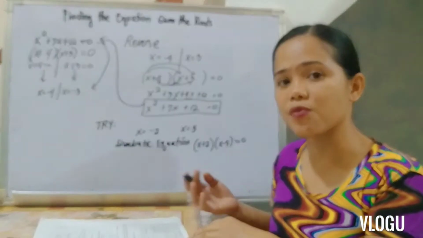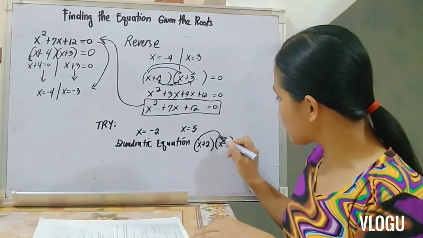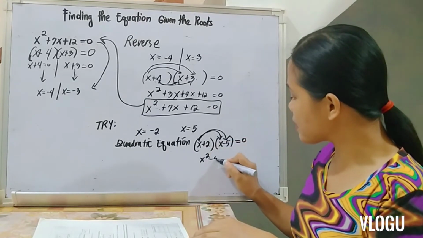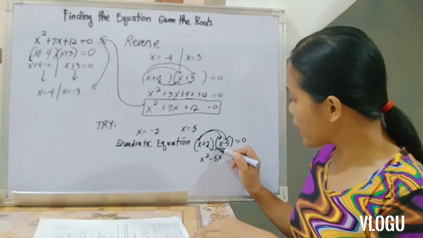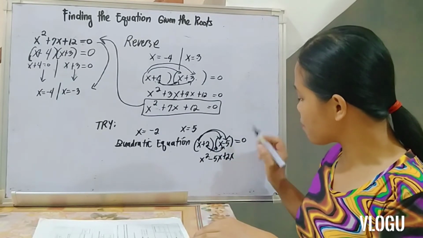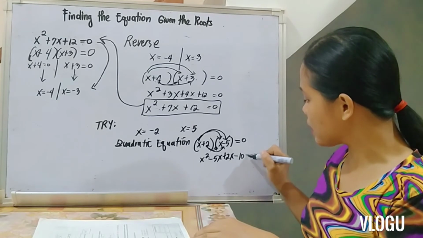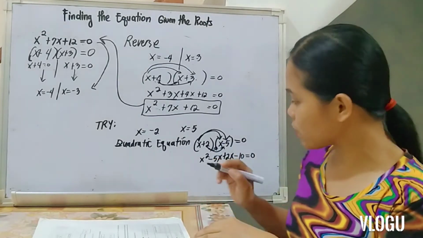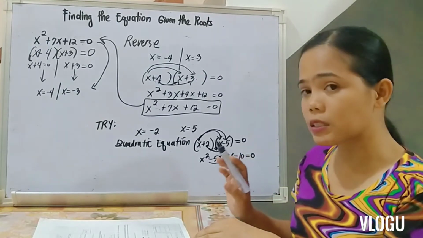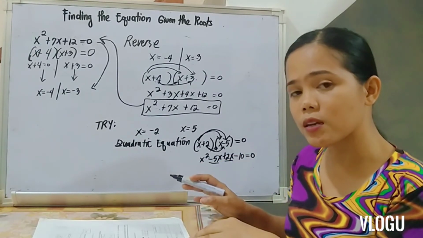And then we apply the FOIL method. So x and x, that is x squared. x and negative 5, that is negative 5x. 2 and x, that is positive 2x. And 2 and negative 5, that is equal to negative 10, equals 0. Combine like terms. In this case, negative 5x and 2x. Since the signs are different, then we subtract.